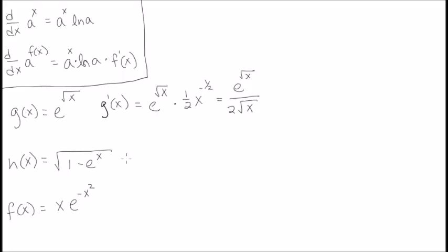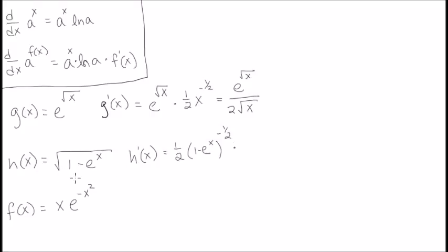For this second term, we now have a case where we need to apply the chain rule. So h prime, the derivative of h with respect to x, is going to be equal to 1/2 times 1 minus e to the x to the negative 1/2 power times the derivative of this term inside.